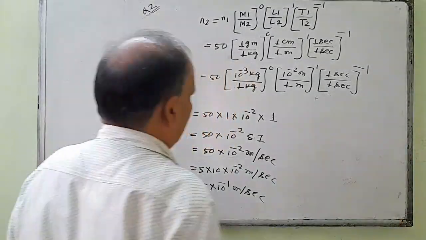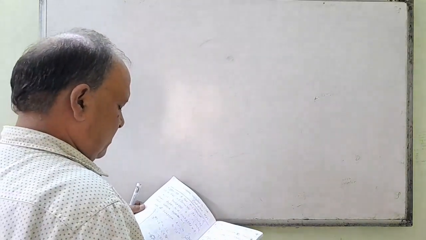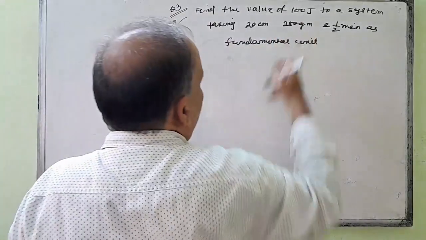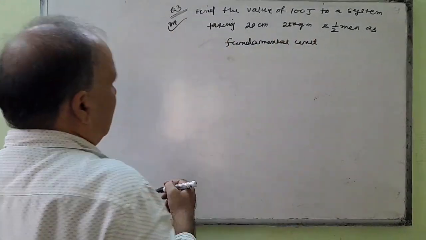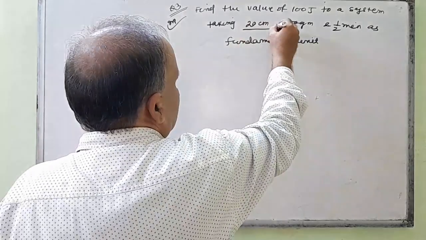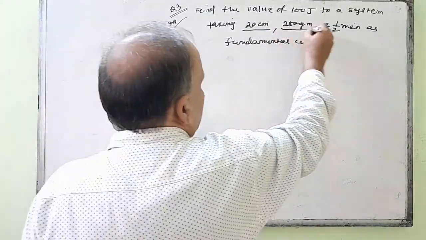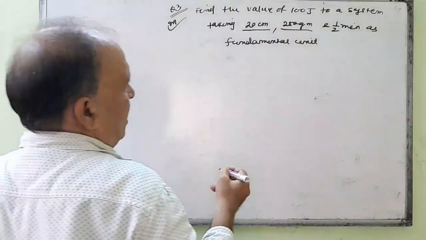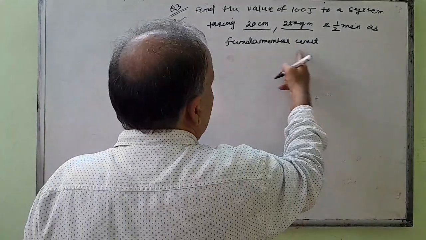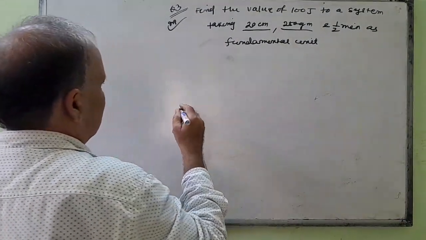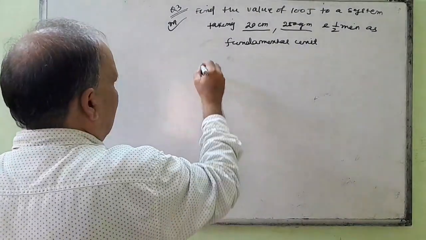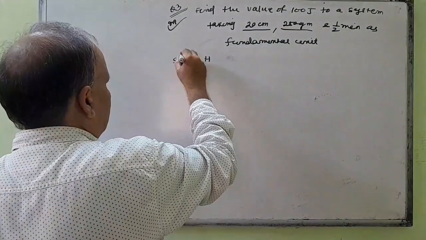Your question is: find the value of 100 joule in a system taking 20 centimeter, 250 gram and a half minute as fundamental units. Here, solution.